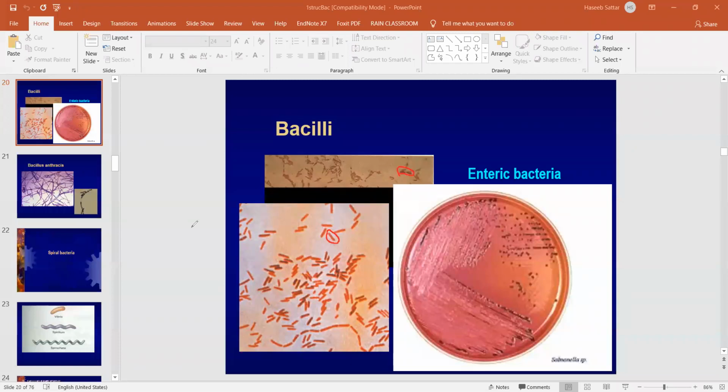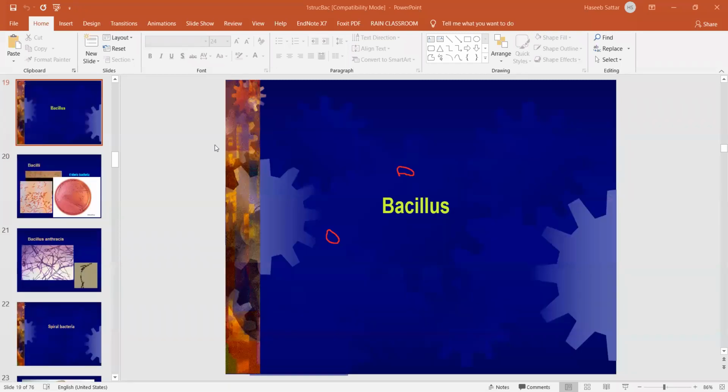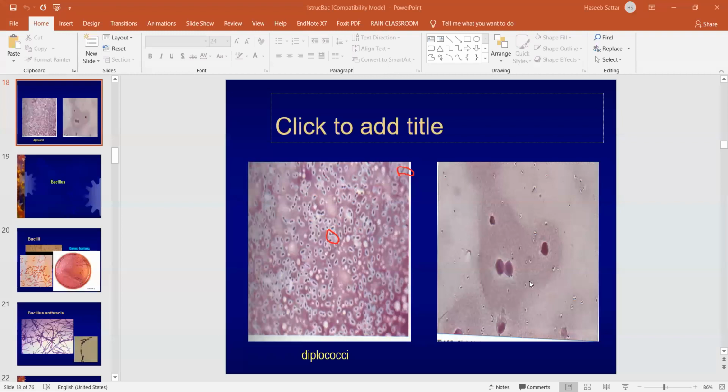Let me check if I have gram positive bacteria here. What is this color? Bluish? Oh no, they are not bluish. They are still pinkish in color, so they are also gram negative.